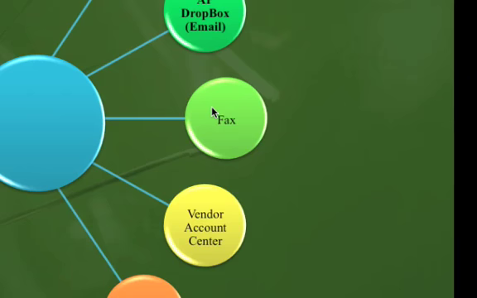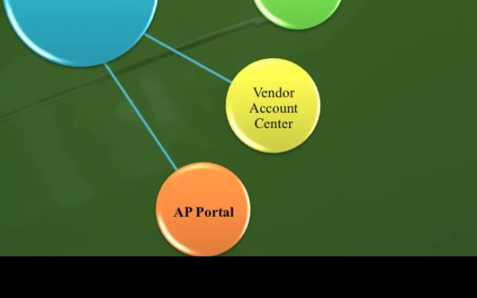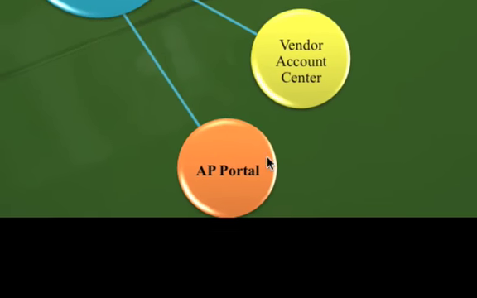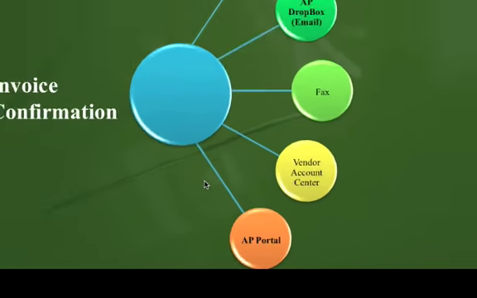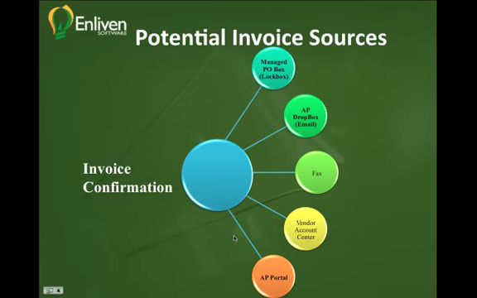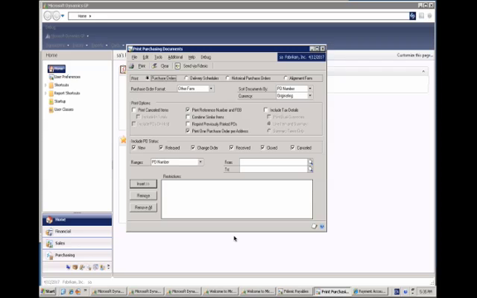Your vendors will also have the option to send you invoices directly electronically via the vendor account center, and that's also where they can flip the purchase orders that you sent them directly into invoices. And you're going to also have access to the AP portal, which is great for internal expense reporting. And once these invoices are entered, they'll all be pushed into the same workflow.